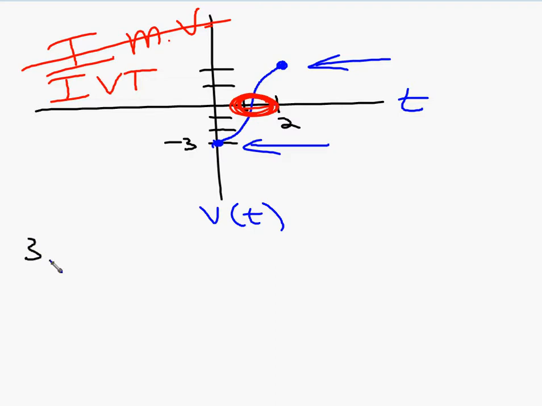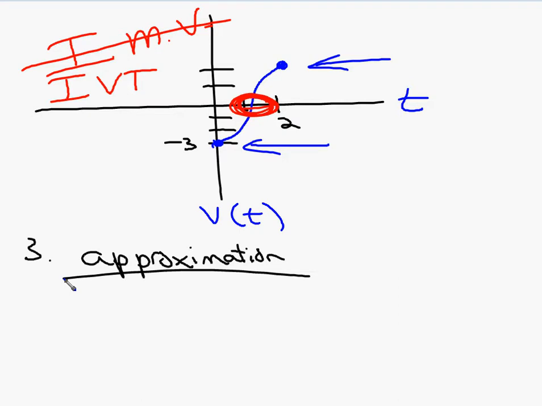Question 3. Use data from the table to find an approximation for v prime of 10. Let's stop right now, because one of the things you've got to learn how to do is recognize key words. As soon as you see approximation, that's a key word, all right?